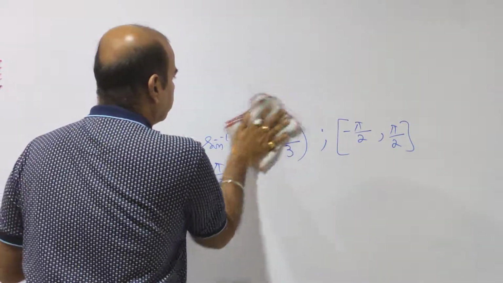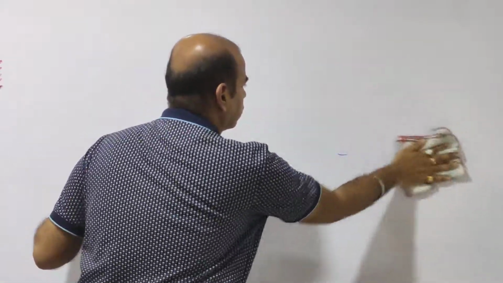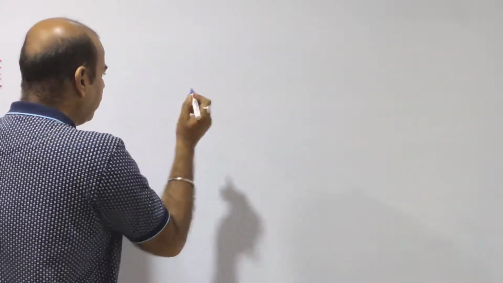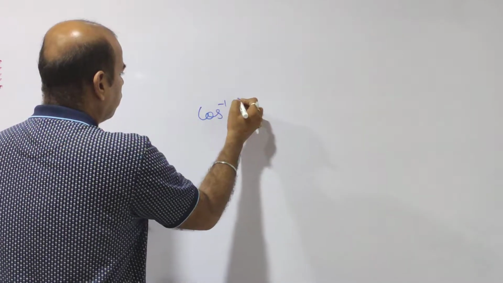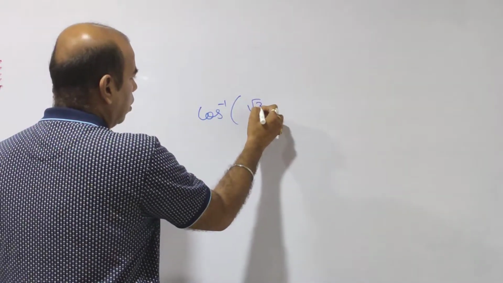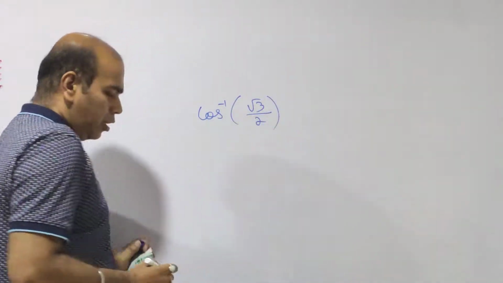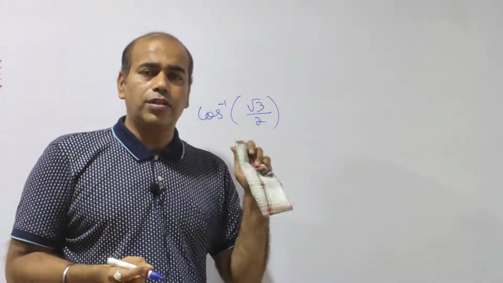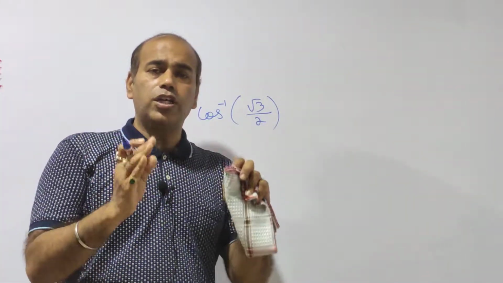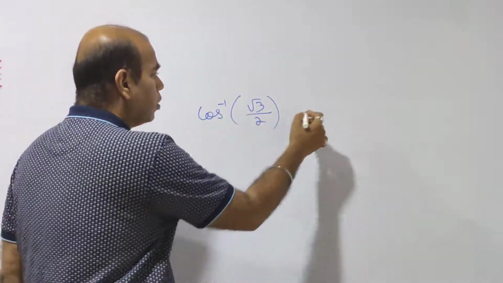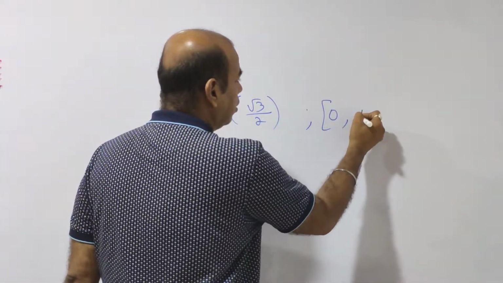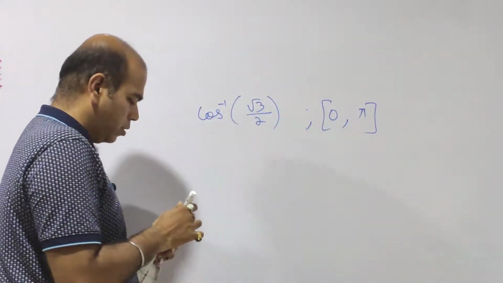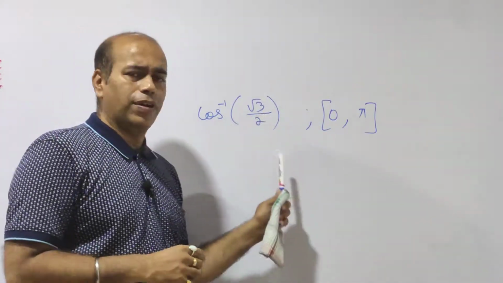Also, if I write cos inverse root over 3 by 2, now as I have written a cos inverse, I have to take the range of cos. So the range of cos is the closed interval 0 to pi. So cos inverse root 3 by 2.